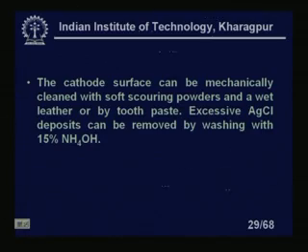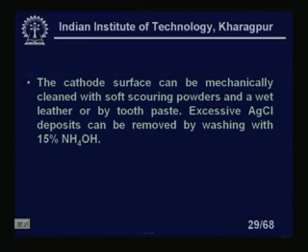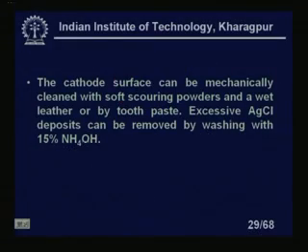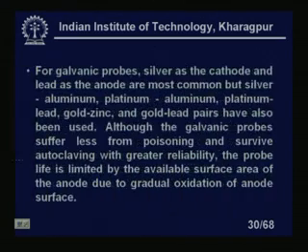So, you regularly clean it with cleaning powders and a wet leather, or with toothpaste. Excessive silver chloride deposits can be removed by washing with ammonium hydroxide, 15% ammonium hydroxide. I told you this from the very beginning: regular cleaning of the electrodes.